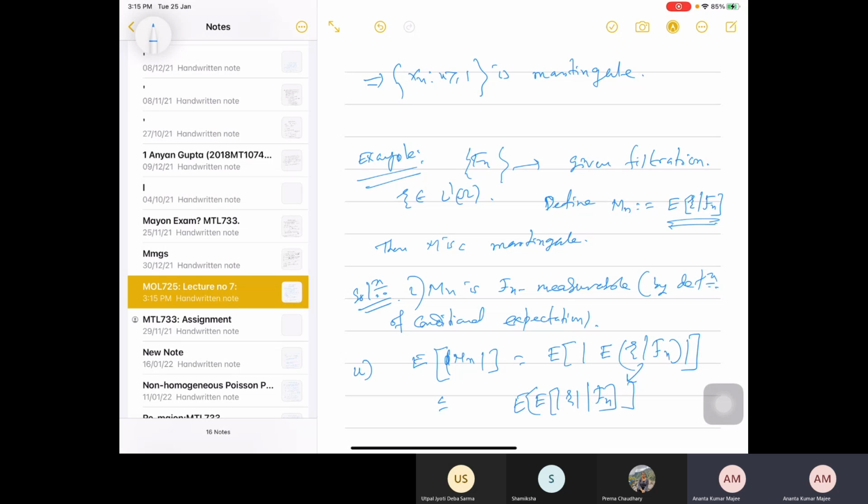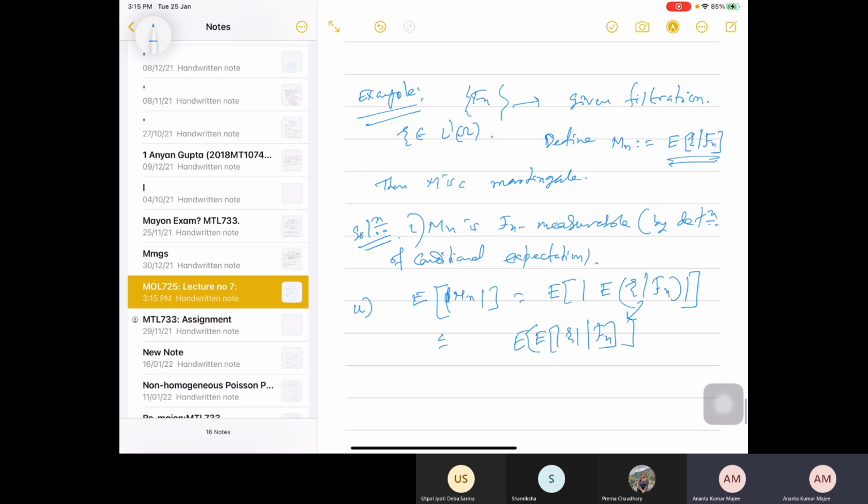And now what do I have? Mod zeta, and then the expectation of the expectation. So this is trivially the expectation of mod zeta, and this is finite because it is given that zeta is in L1.